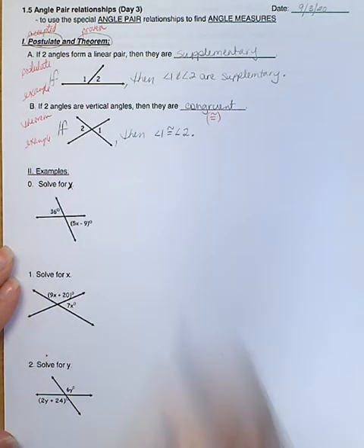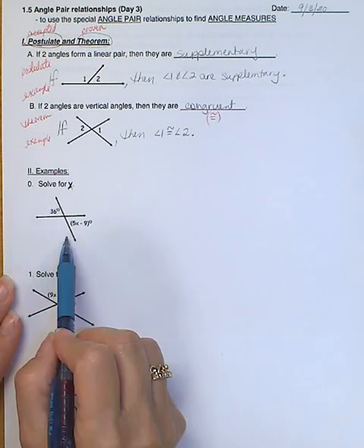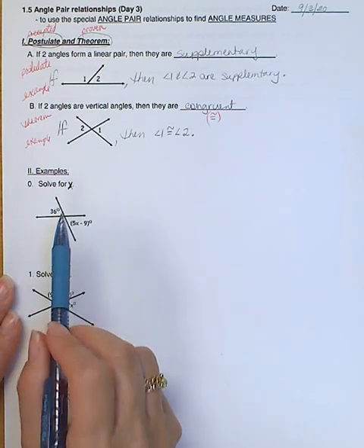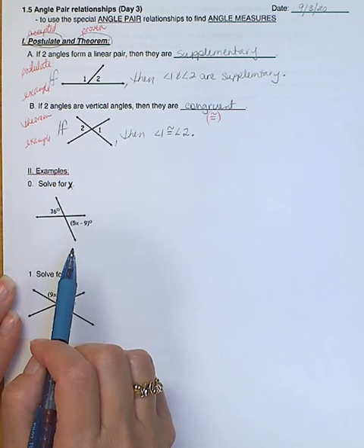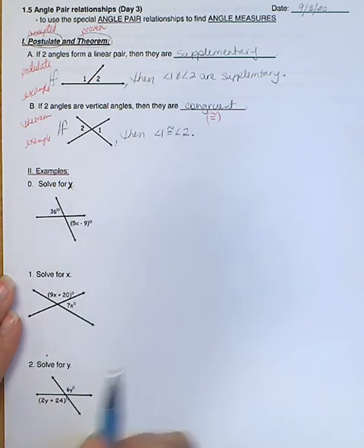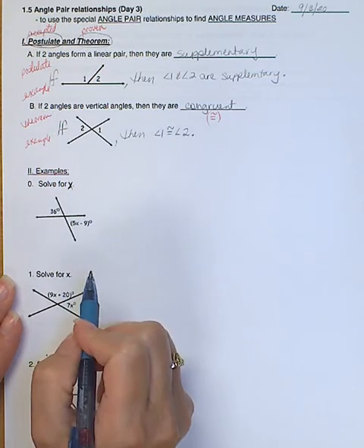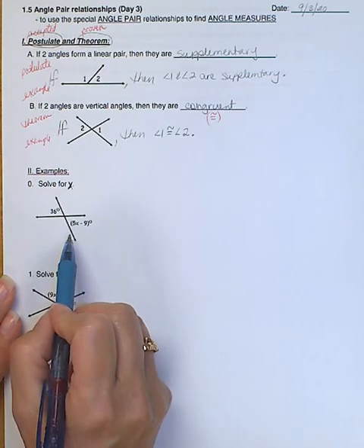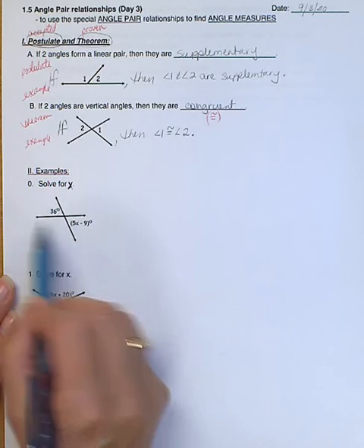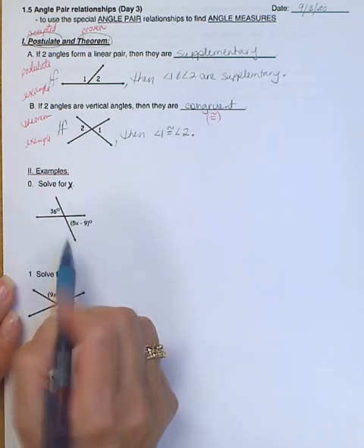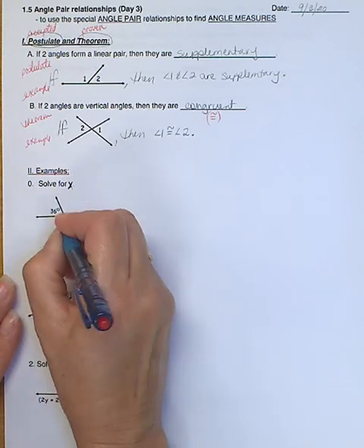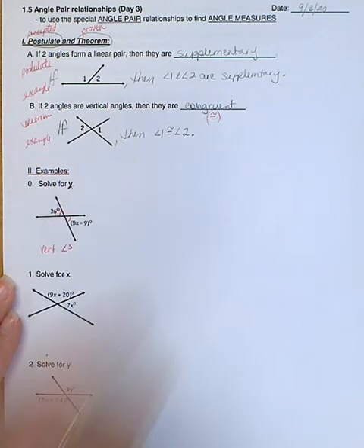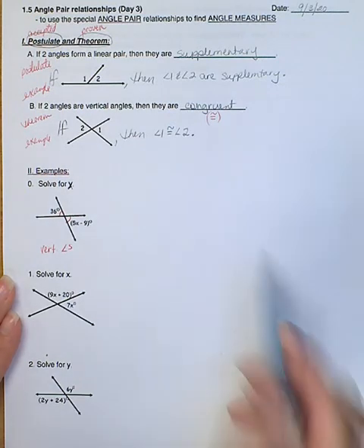Okay. So the first thing I want to do is go back to yesterday and ask, are these vertical angles or are they a linear pair? Remember, the first question you ask yourself is, are they adjacent? Do they share a side? These do not share a side. So the next question is, are they formed by intersecting lines? The answer is yes. So these are vertical angles, and that would make these angles congruent because that's what the theorem says.